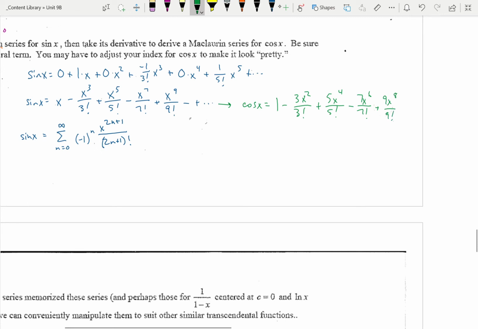And you'll notice that these guys all simplify pretty nicely. We've got an extra factor of 3 here, so we've got x squared over 2 factorial. An extra factor of 5 here, so we got x to the 4th over 4 factorial. We've got an extra factor of 7. And that pattern continues.